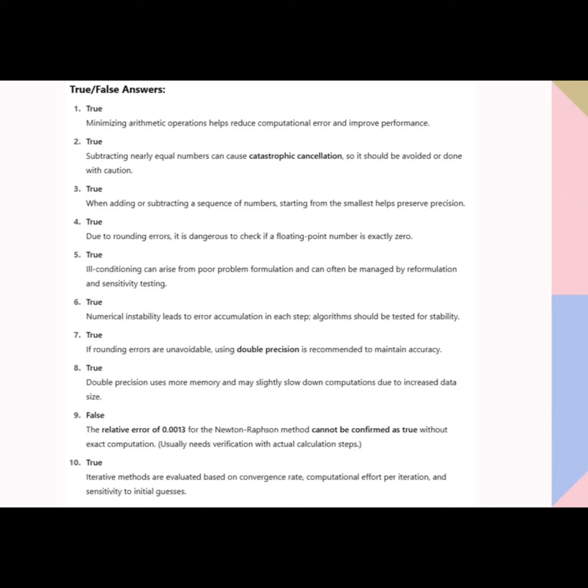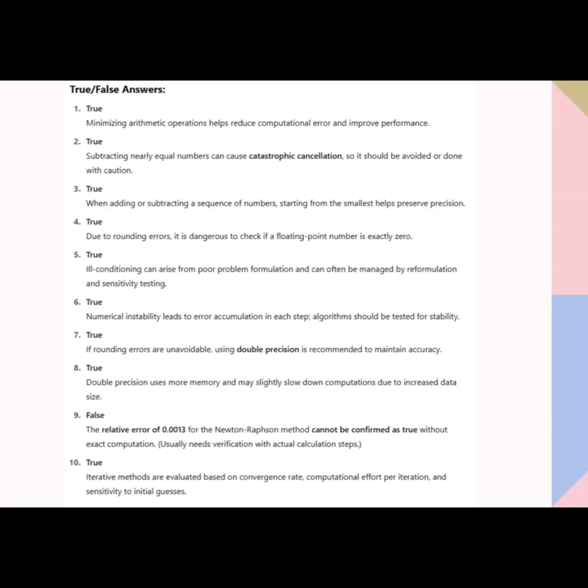Sixth, numerical instability leads to error accumulation in each step. The algorithm should be treated for stability. That is true. Seventh, if rounding errors are unavoidable, using double precision is recommended to maintain accuracy. That is true. Eighth, double precision uses more memory and may slightly slow down computations due to increased data size. That is true.